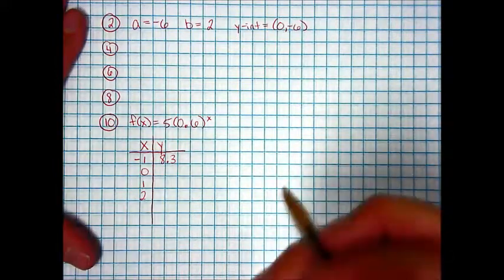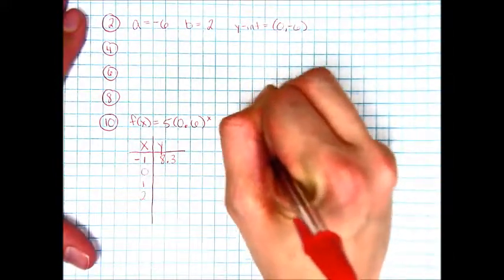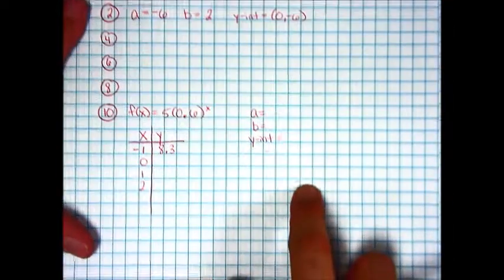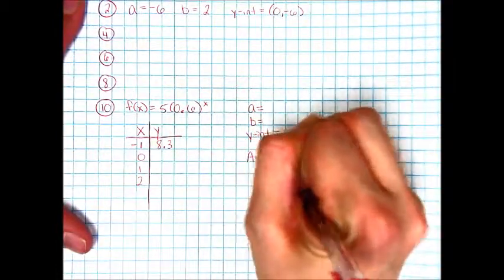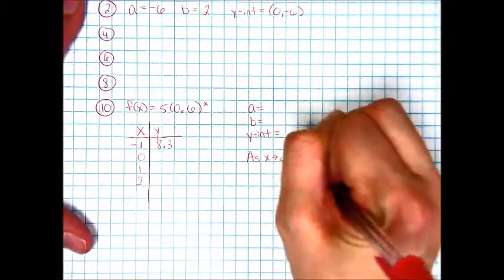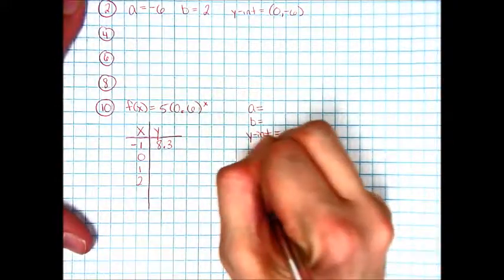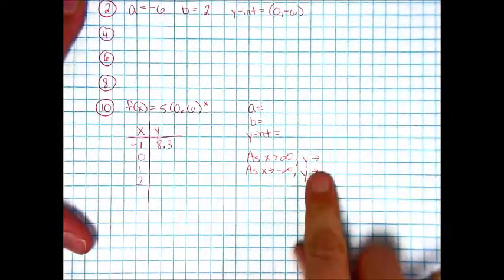Just make sure, if you want to write this down now so you don't forget, you have to write what's A, what's B, what's the y-intercept, and then you have to do the end behaviors. So as x approaches infinity, y approaches what? As x approaches negative infinity, y approaches what?